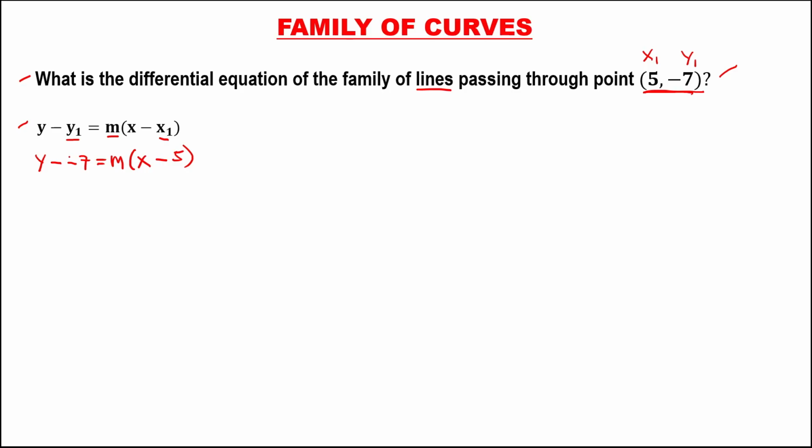Then to simplify, this double negative becomes positive, then equals, you distribute, m times x, then distribute, negative 5m. So this is now the equation.